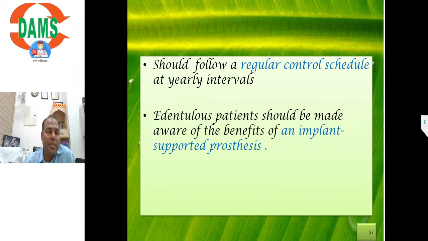In such patients, the first choice is an implant supported fixed prosthesis. If you cannot go ahead with that, the next best choice is implant supported dentures. The worst choice is a conventional CD in such patients, right?